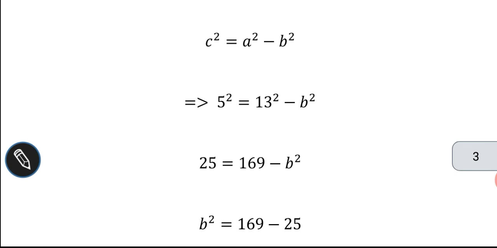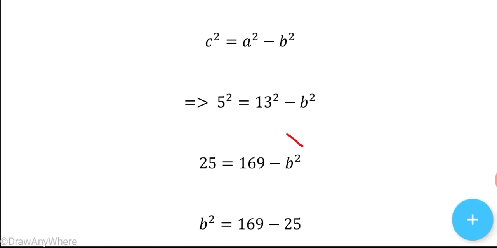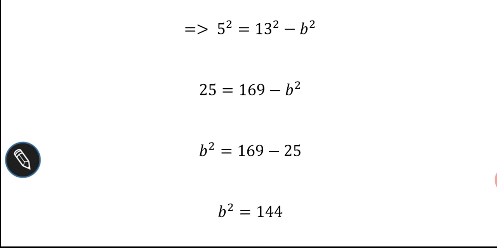Moving b squared to this side and 25 to the other, b squared is equal to 169 minus 25, which is 144.